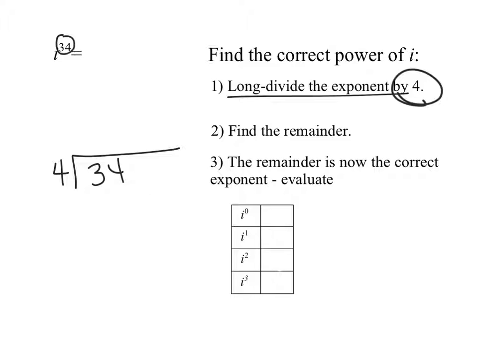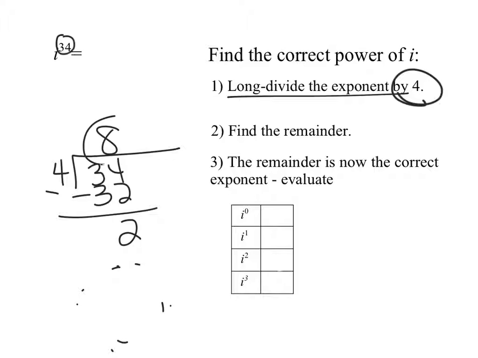So how many times are we going to go around that circle? How many ways can we divide up 34? 4 goes in 8 times. So when we do that 8 times, we're left with 2. So we would go around that circle, 1, i, -1, -i, 8 times, but then we would have to go 2 more times.